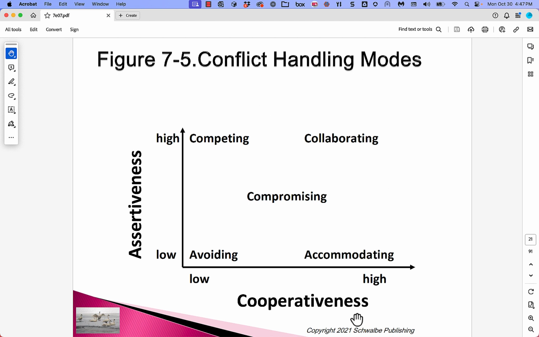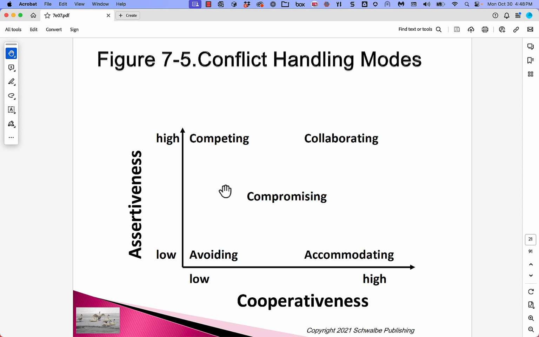These conflict handling modes can be mapped out on your standard XY axes with assertiveness on the Y and cooperativeness on the X. If you are low and low, you're avoiding. If you're high and high, you're collaborating. If you're middle and middle, you're compromising.